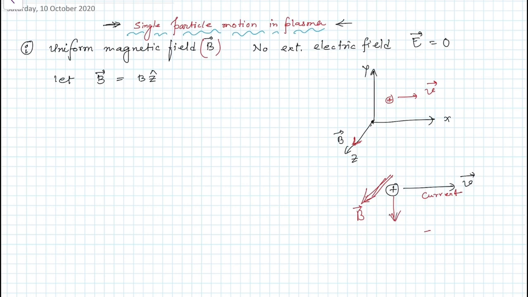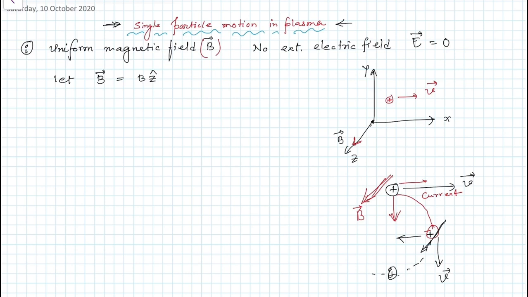Due to this downward force, instead of going straight, this charge will move like this. At this position, the velocity will be in this direction, and the magnetic field is again in the same outward direction, coming out of the screen, and the force will act in this direction now, and then it will take this path.